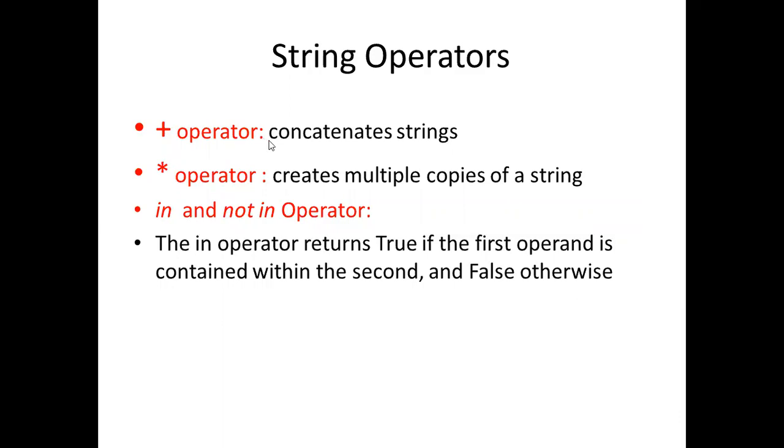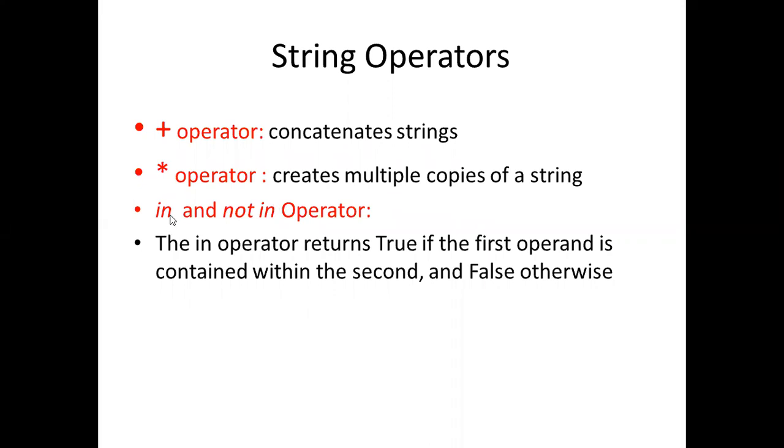And there is another operator, the star operator, or asterisk. Earlier we used this star in C language for pointers. But here we can use it for a different purpose in strings in Python, which is to create multiple copies of the string.